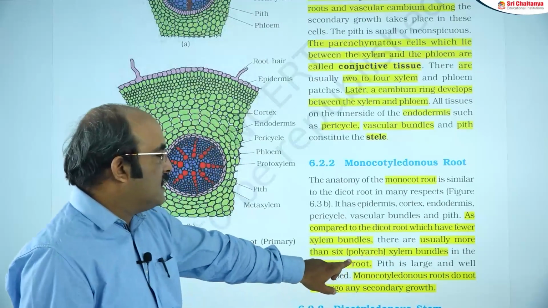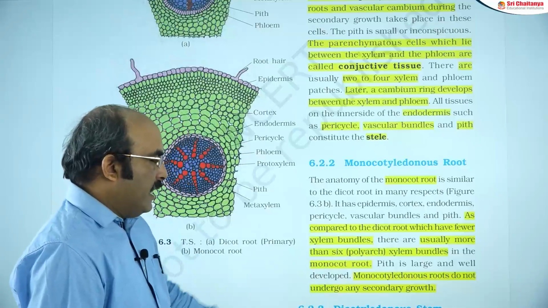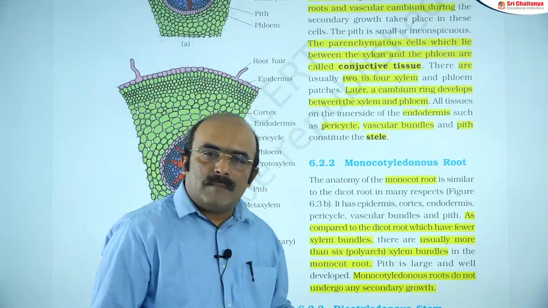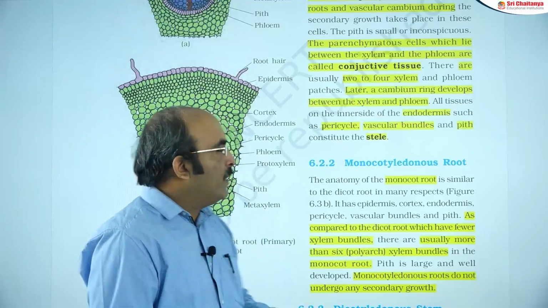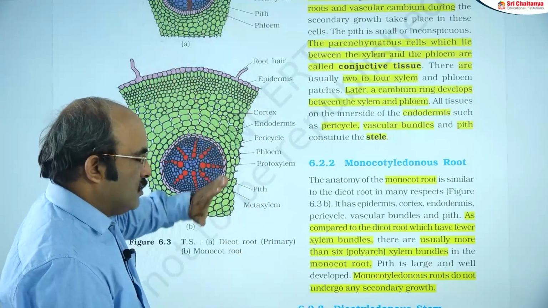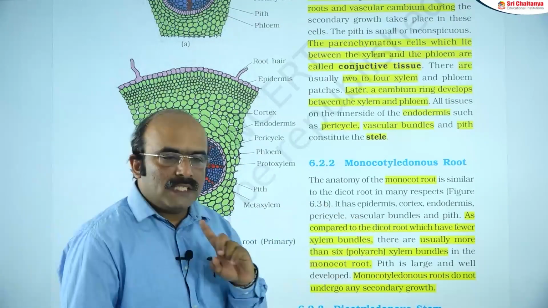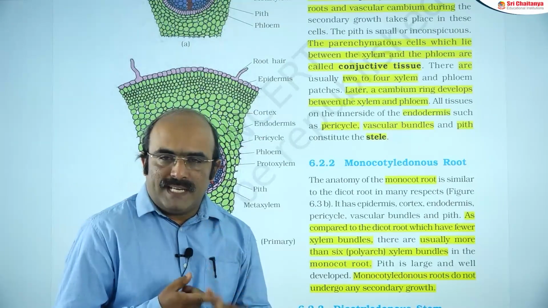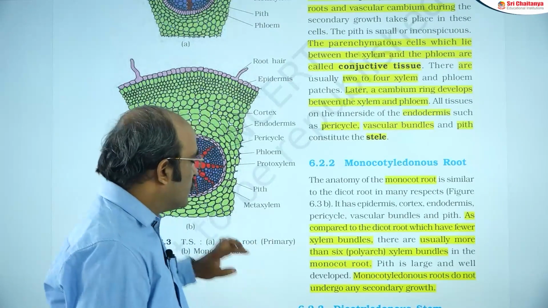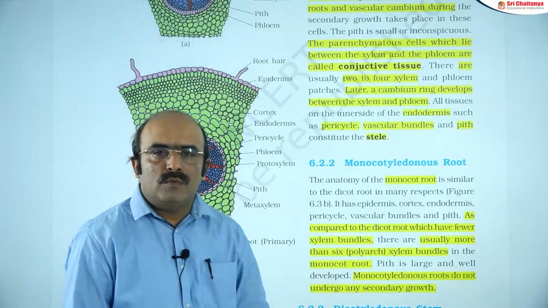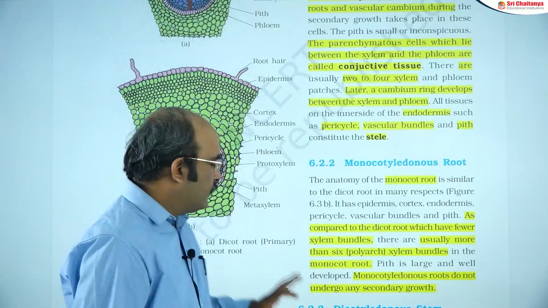So you call it the polyarch condition. And the monocotyledonous root has a comparatively well developed pith or medulla when compared to the dicot root. That's the main difference. One is with respect to the number of xylem strands, the other is with regard to the medullary pith. And in monocots generally you don't find secondary growth.